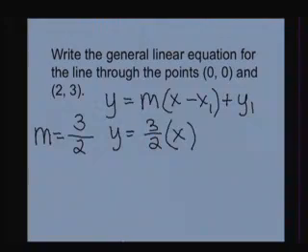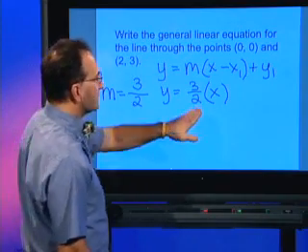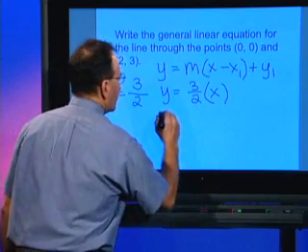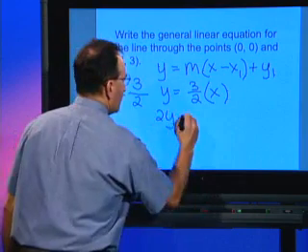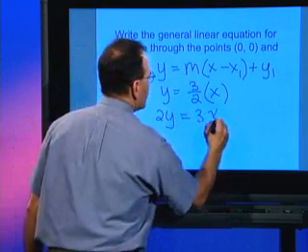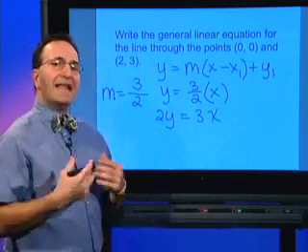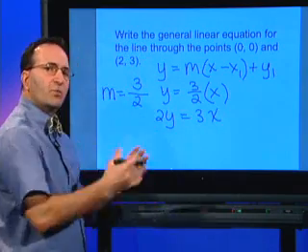So this is our equation, but this is in slope-intercept form, and we were asked to find it in the general form. And what that means is I need to first multiply both sides by 2, and that gives me 2y equals 3x. And then what I need to do is get the x and y on the same side.